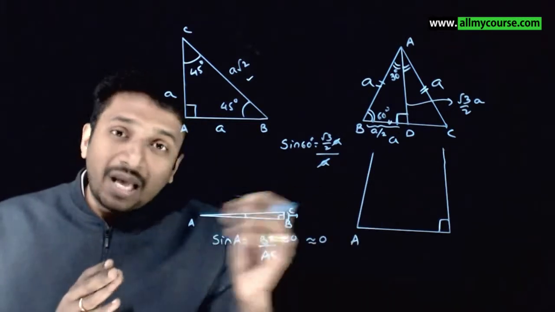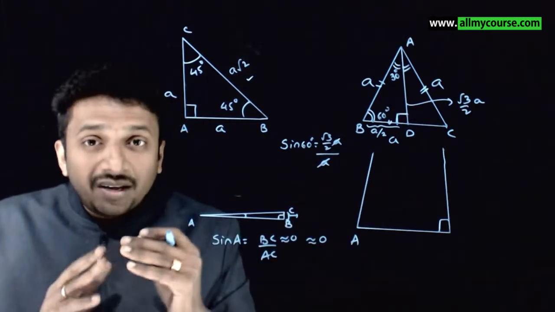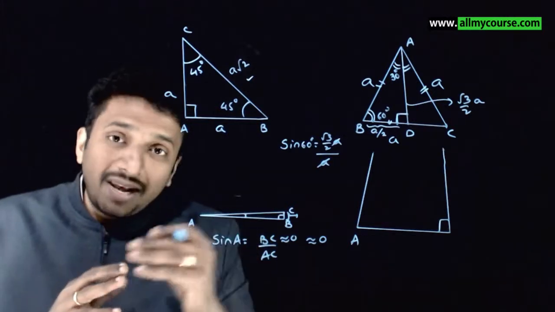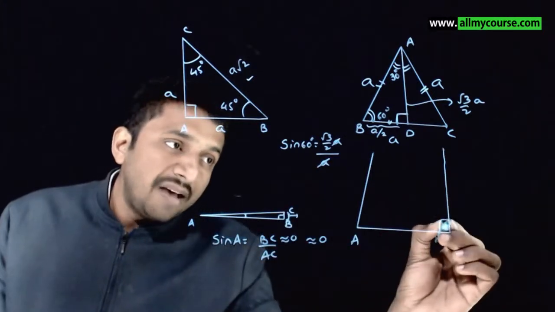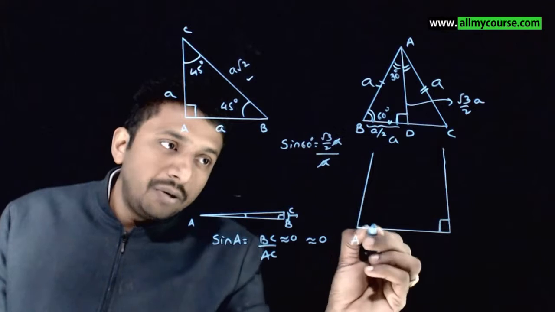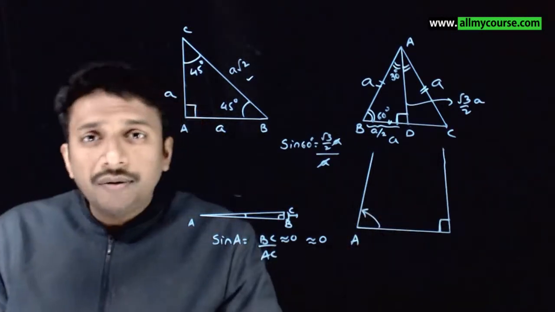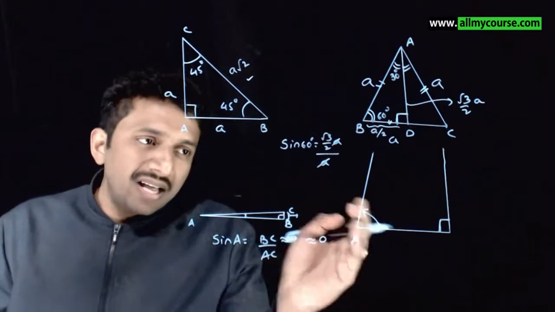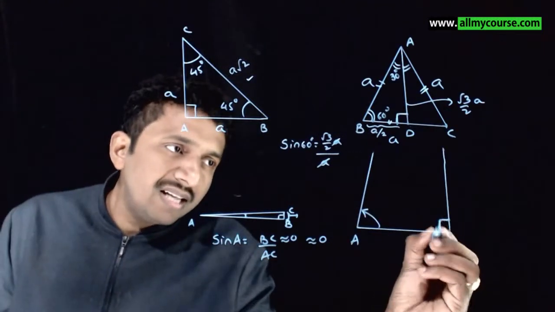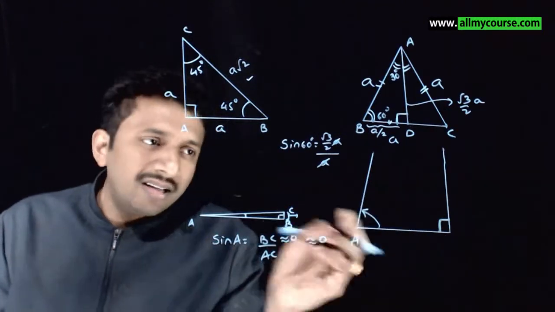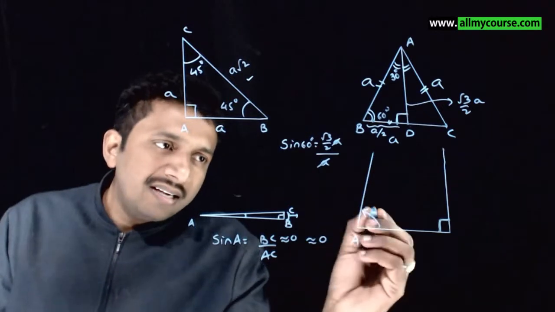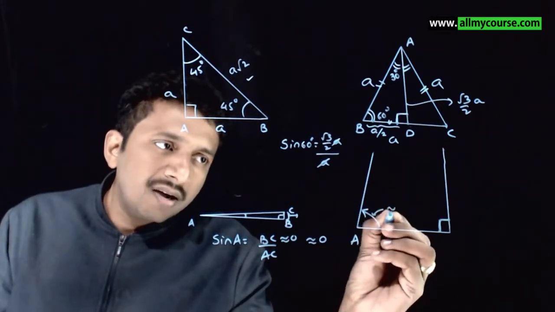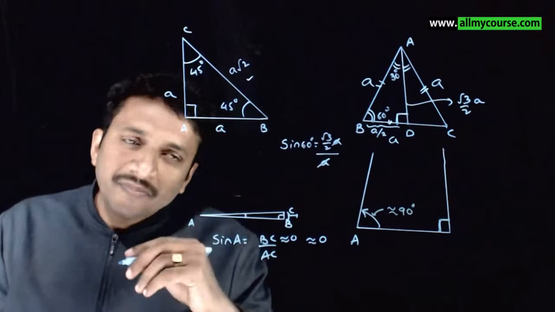Similarly, if you want sine of 90 degrees, you have a right angle triangle and you go on increasing this angle towards 90 degrees. As you can see, this is the initial right angle and this angle tends closer and closer to 90 degrees.